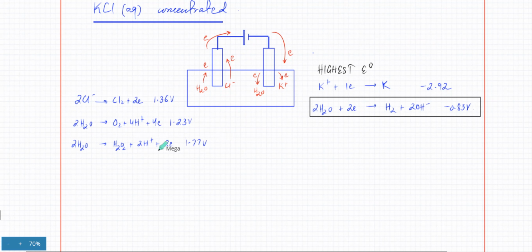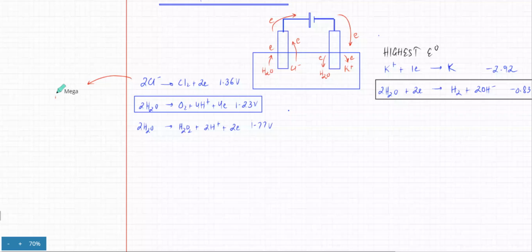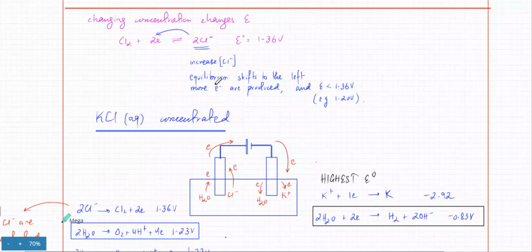Now, what was the rule? Who loses electrons? It's always the lowest potential that loses electrons, which in this case should be this one. But remember what we just discussed: if Cl minus 1 is concentrated, we can adjust this.